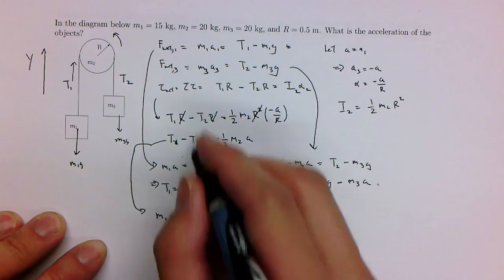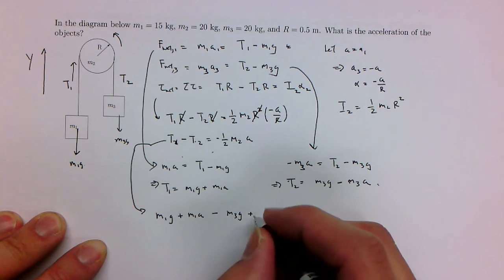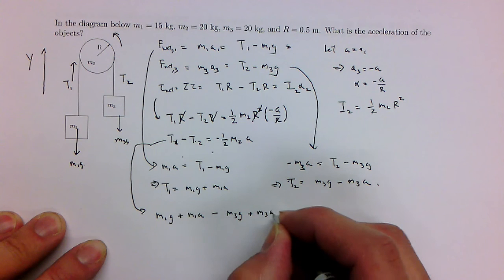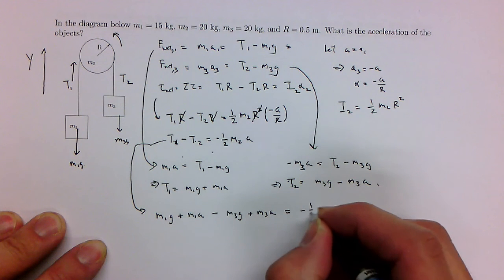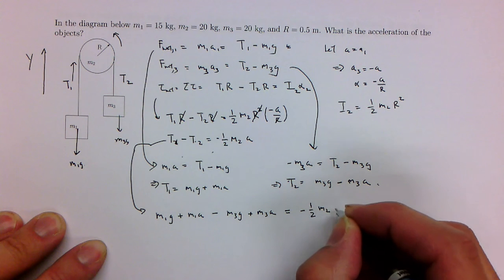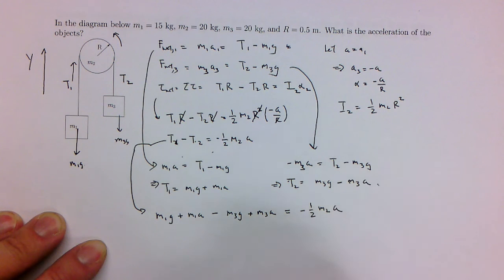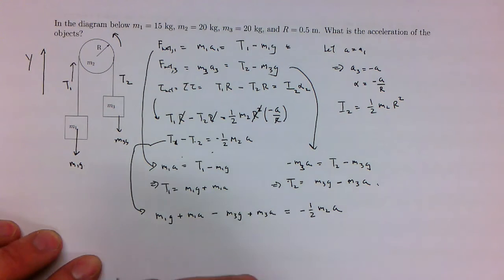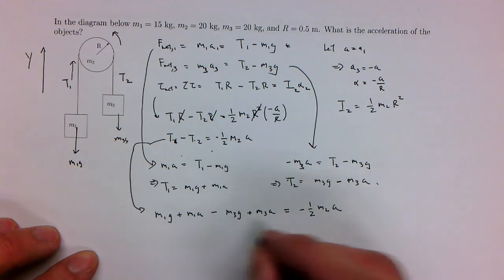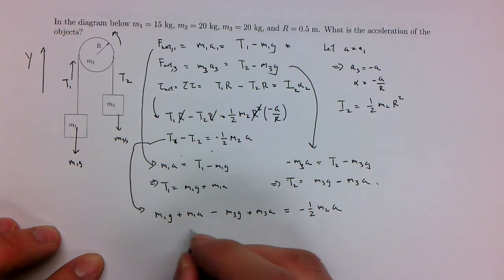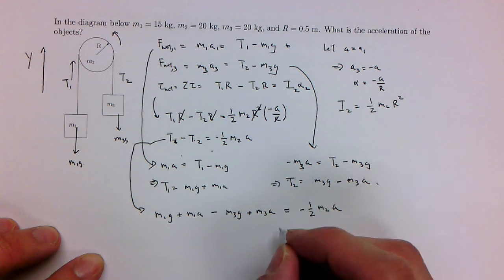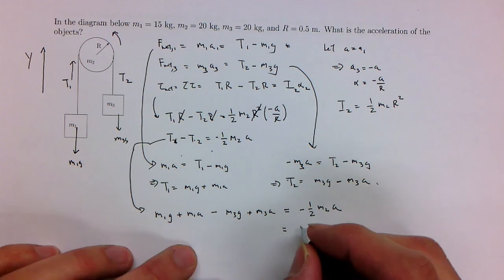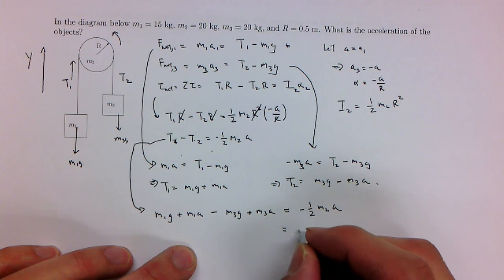I screwed this up, so this one is a plus sign, plus M3A, is equal to minus 1/2 M2 A. Okay, so now we can solve for all the M's and all the g's and all the A's. So let's put all the A's on one side.